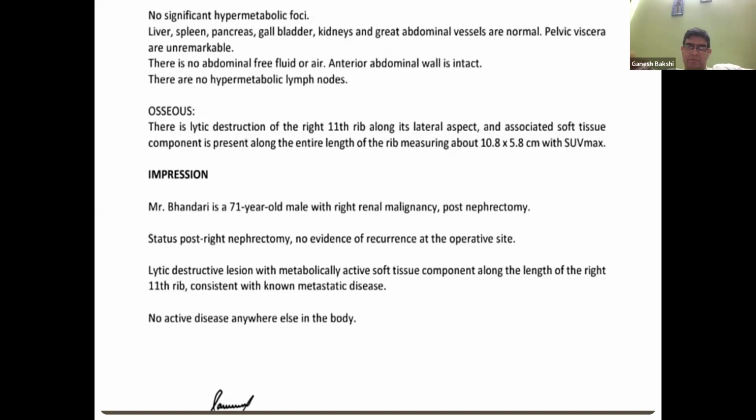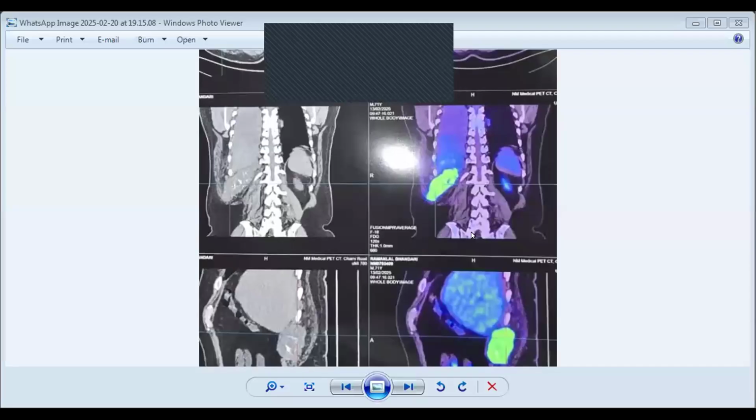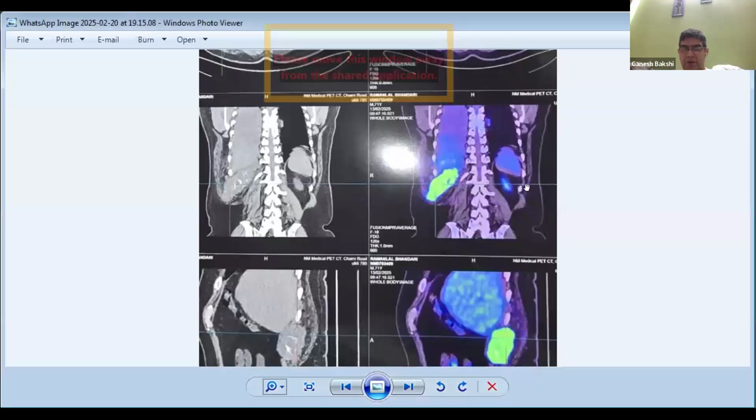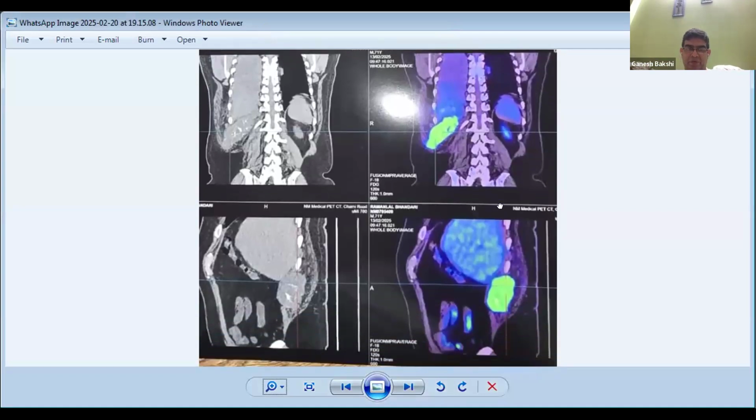So again, same thing. Looks like a solitary lesion. Ganesh, whether you will call it a metastatic disease or it can be recurrence, what will you call it? Sir, metastatic, I think so, because it is in the rib, but a big lesion.